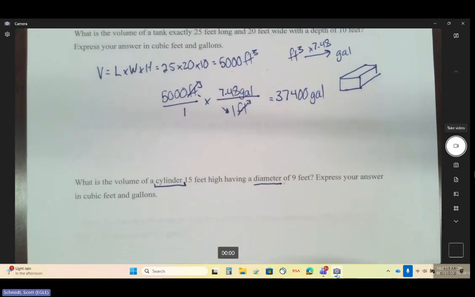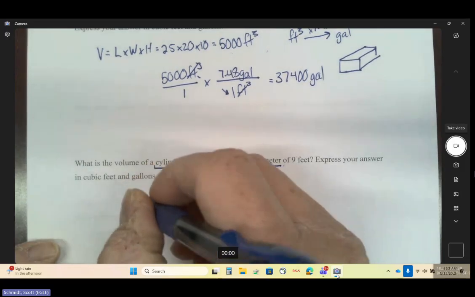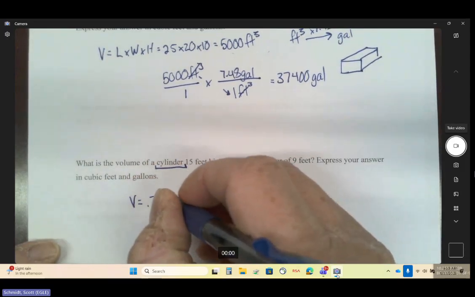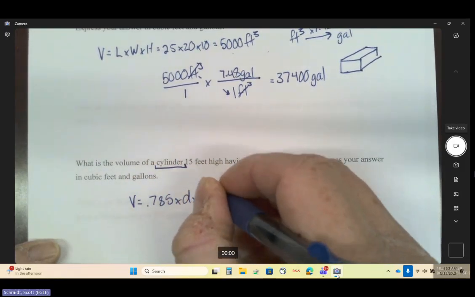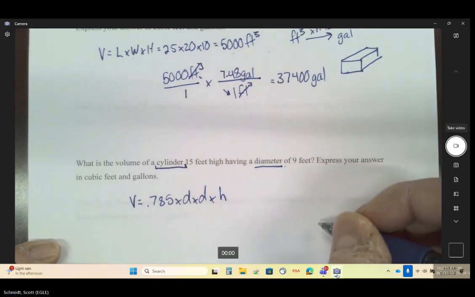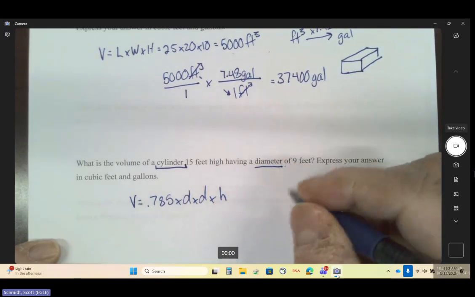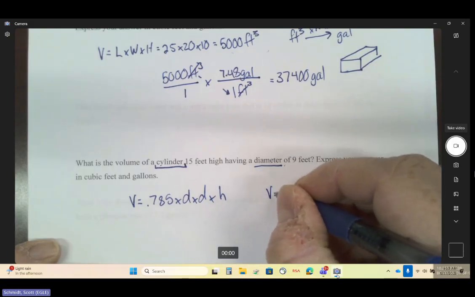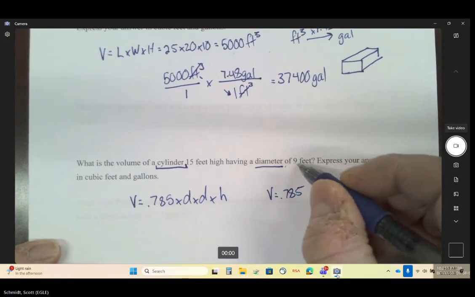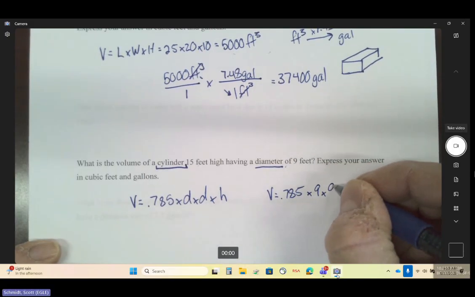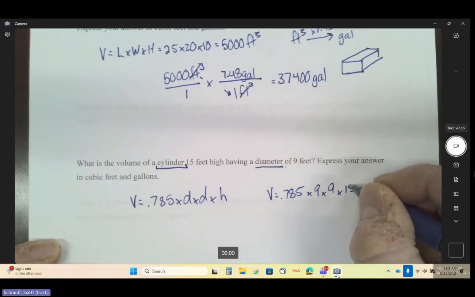That's how I know the difference. The volume formula for a cylinder is 0.785 times diameter times diameter times the height. It's diameter squared on the math formula sheet, but this is the way I type it out. So volume is equal to 0.785 times 9 times 9 times 15.